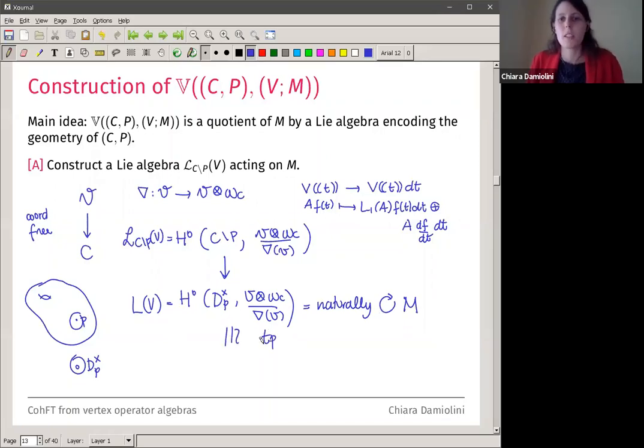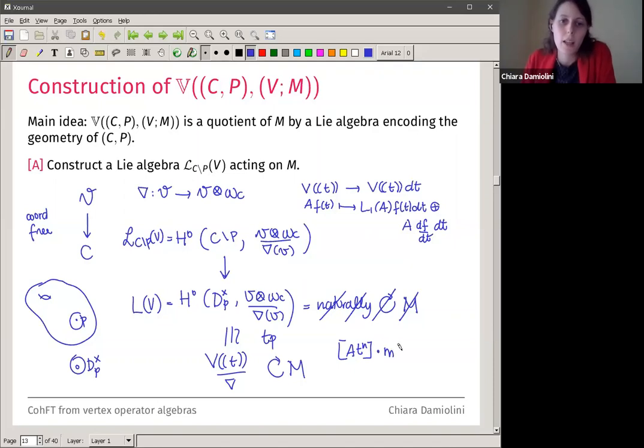Up to choosing a coordinate at the point P, this is isomorphic to a quotient of this space here, put this nabla, and this acts on M, right? So we would like to act on M, but we can only act on M up to a choice of a coordinate. And let me maybe mention, how do I act on M? Well, the equivalence class of an object here, so it can take a t^n as one of the generators.